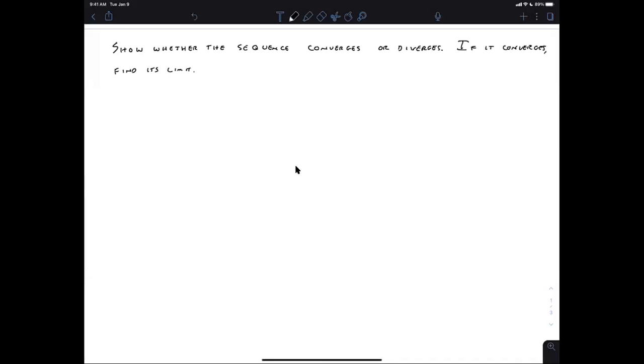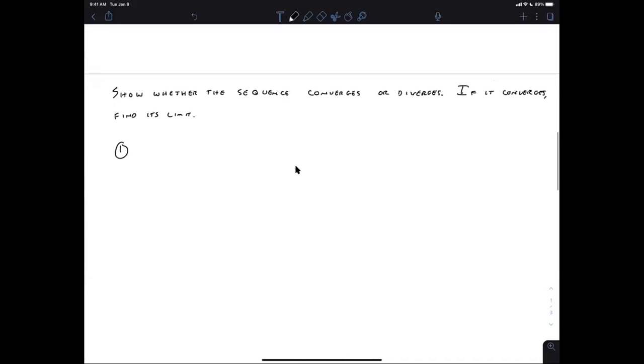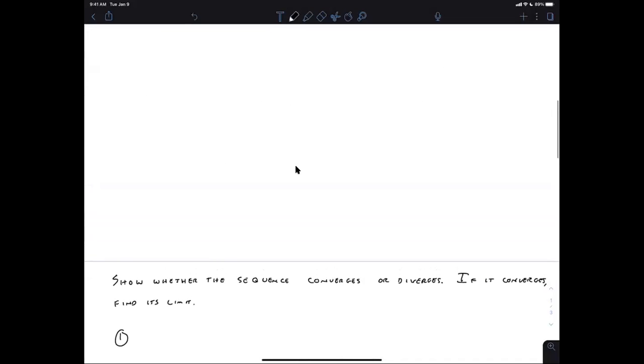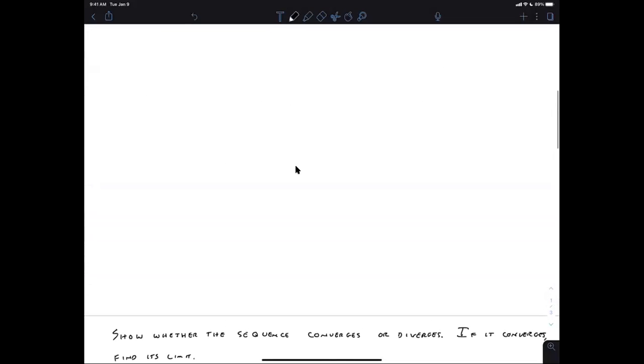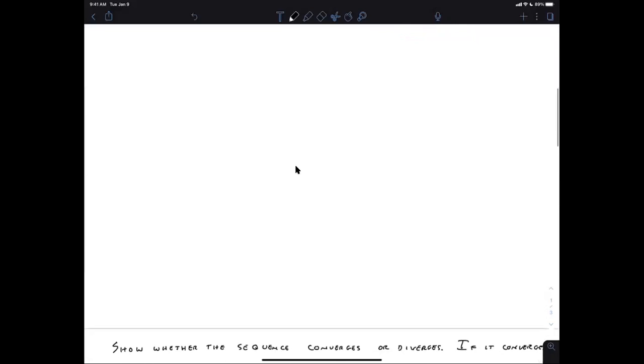Okay, and so we're going to do a bunch of examples like that, and we're going to come back and fill this in. But I want to talk about a quick review of some ideas in Calc 1, and we're going to kind of keep doing this. We're going to review a little bit and then come back and do another problem.